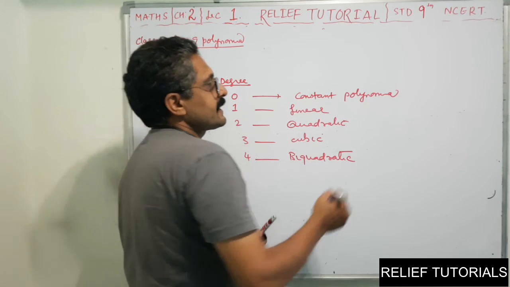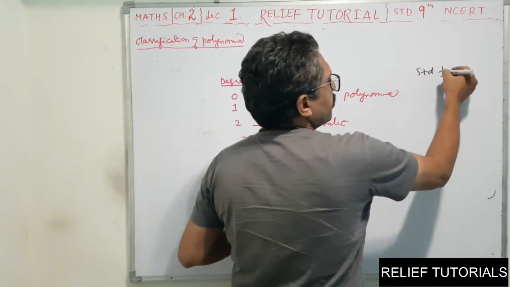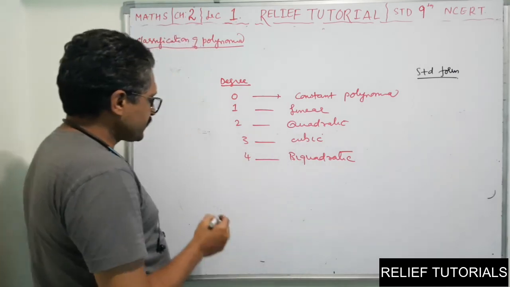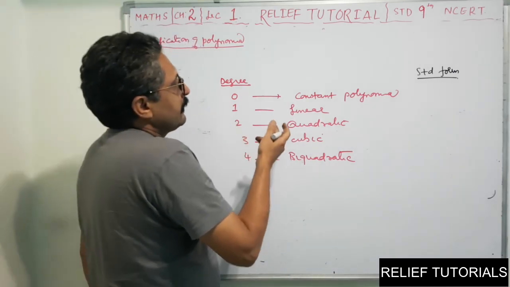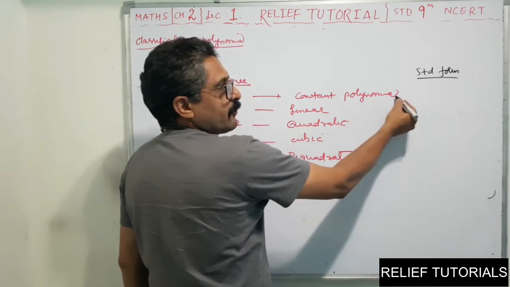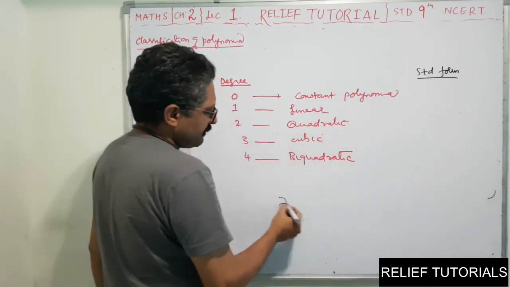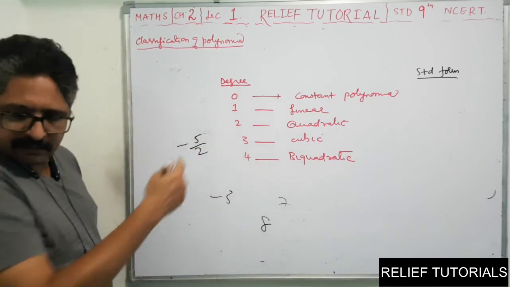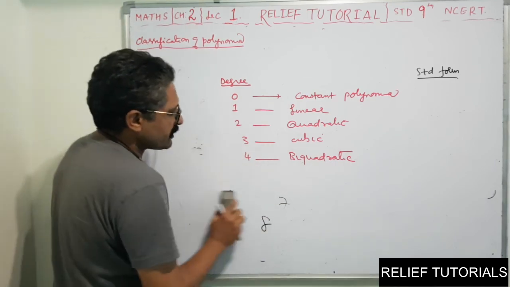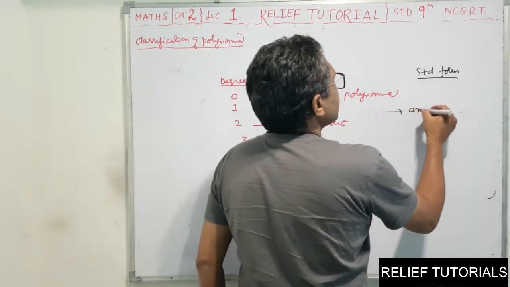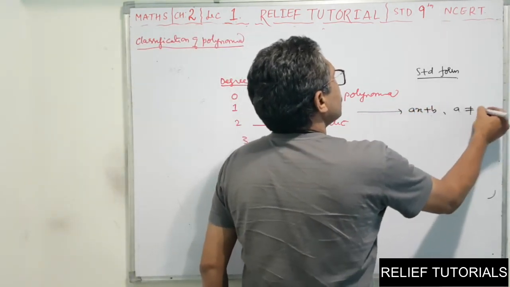And if you want to write the standard form, there is no standard form for a constant polynomial, as it can be 7, 8, minus 3, minus 5 by 2. For linear, the standard form is ax plus b, and a is not equal to 0.